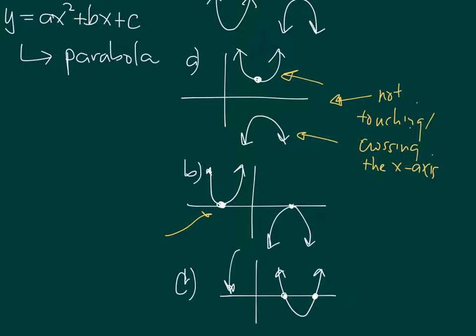Or again, if it's opening in the opposite direction, the graph will behave this way. But again, it will be crossing or intersecting the x-axis at 2 points. So this is at 2 points. The second one is just at 1 point.